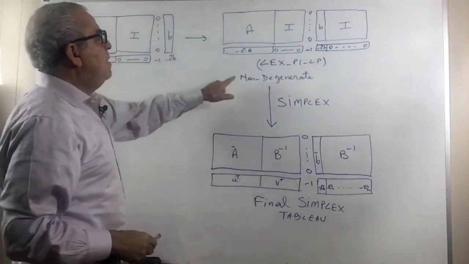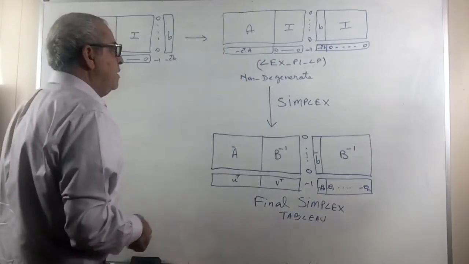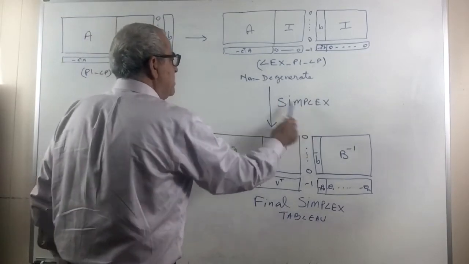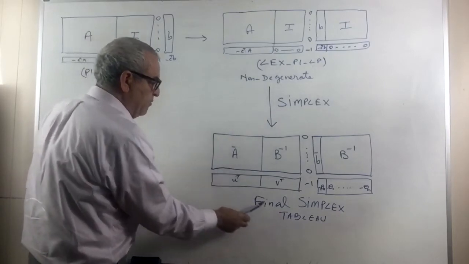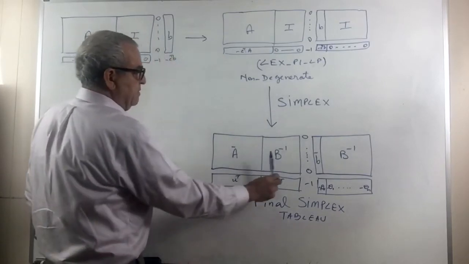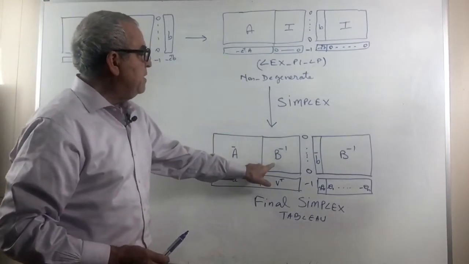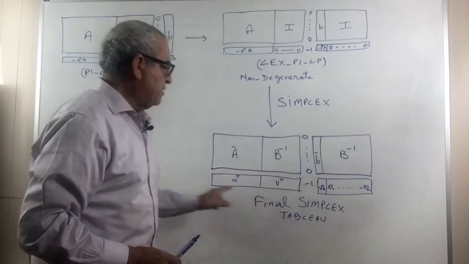And we know that this linear program is non-degenerate, and therefore the simplex iteration is going to converge in a finite number of steps, and I end up with a final simplex tableau that looks like this. We have A bar here, of course, under the identity will be B inverse, B bar, and B inverse, and then this is the objective function.